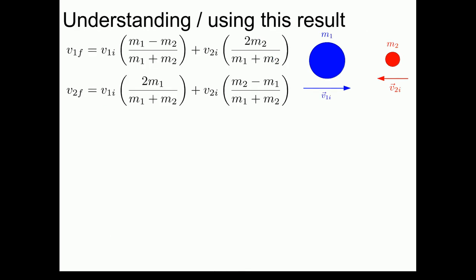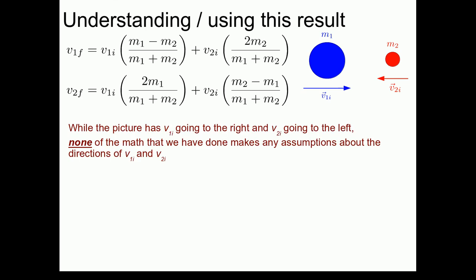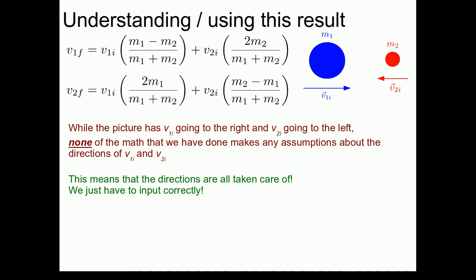Let's think about understanding and interpreting these results. In the picture, we have V1 going to the right and V2 going to the left. However, none of the math that we have done up to this point makes any assumptions about the directions of V1 and V2. This means that all the directions should be taken care of as long as we're careful to input everything correctly.